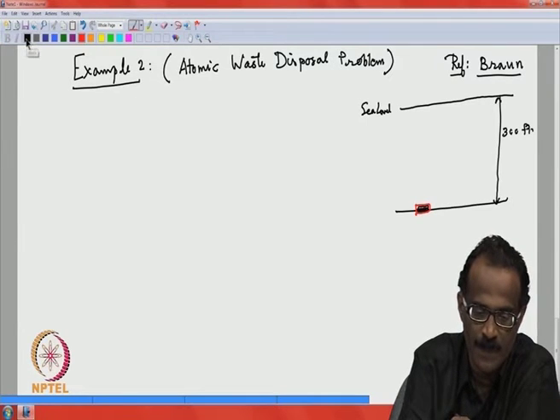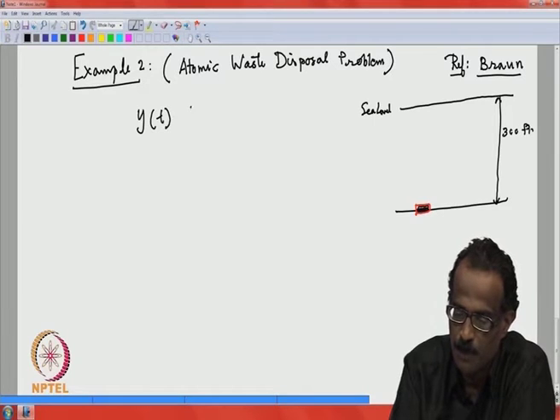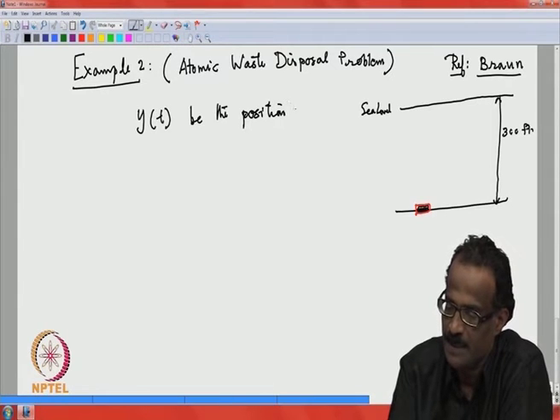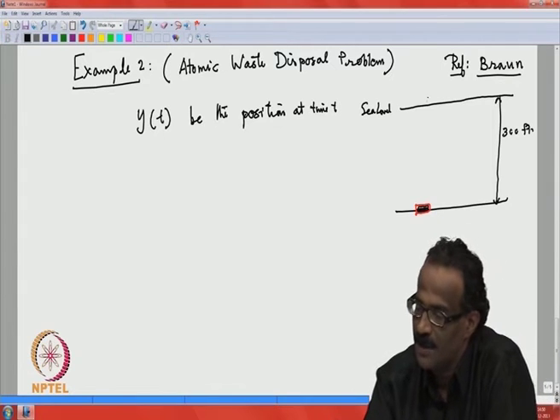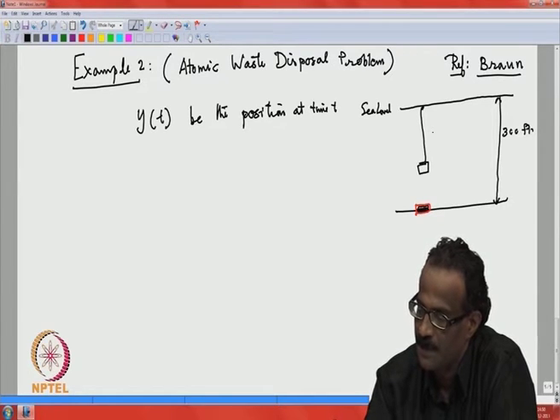Let y(t) be the position at time t. You are disposing the drum, and at time t your drums are here. So, this length is y(t).